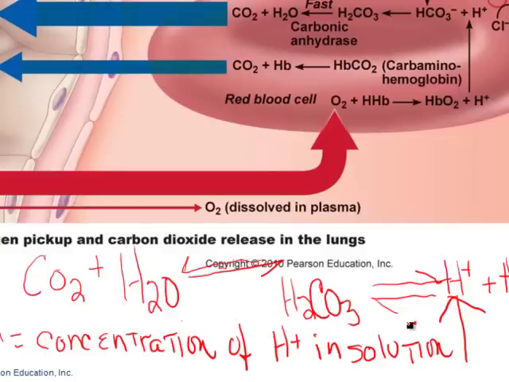So these reactions are very important in helping to maintain blood pH and concentrations of ions in solution. So these respiratory gases are going to influence your body chemistry. So even though carbon dioxide is a waste gas, it's not like we can get rid of all the carbon dioxide in our body.